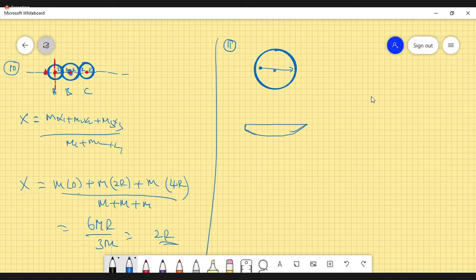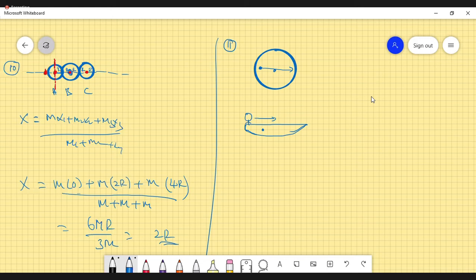Now the boy is at one end, so the center of mass will be somewhere between the center of the boat and the boy. Now the boy has moved from one end to the other end. Now the center of mass is somewhere between the center of mass of only the boat and the boy on the other side.